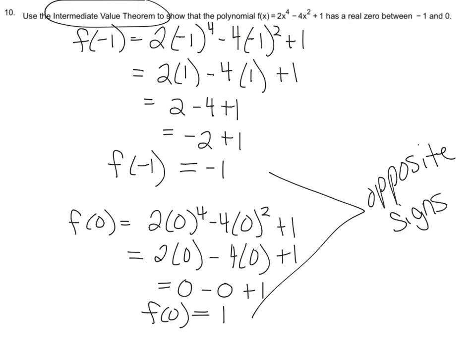And we do. We have a negative 1 and then we have a positive 1. So since we have a negative number and then a positive number, we do have opposite signs, so that means that there is a real zero between negative 1 and 0.